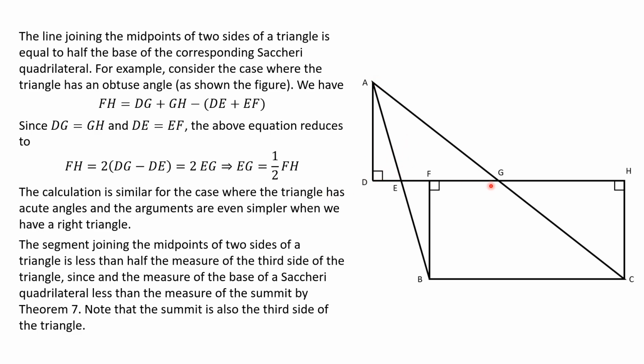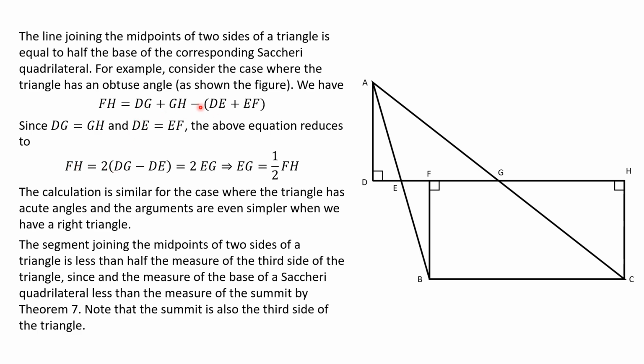So ADG is congruent to CHG, and that means that DG is equal to GH in length. And then we had this triangle here, ADE and BFE are congruent, and that means that DE equals EF.